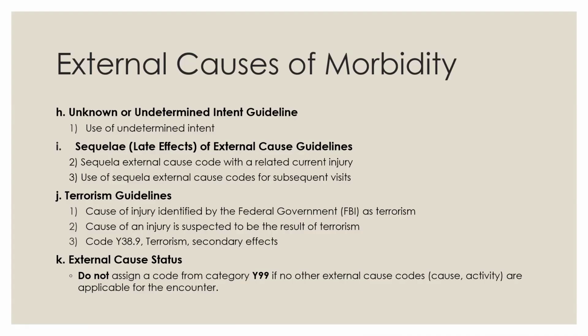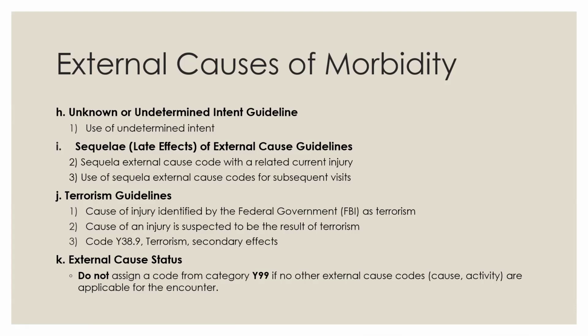Next up, we have terrorism guidelines. Number one, when the cause of an injury is identified by the federal government or FBI as terrorism, the first listed external cause code should be a code from category Y38 for terrorism.